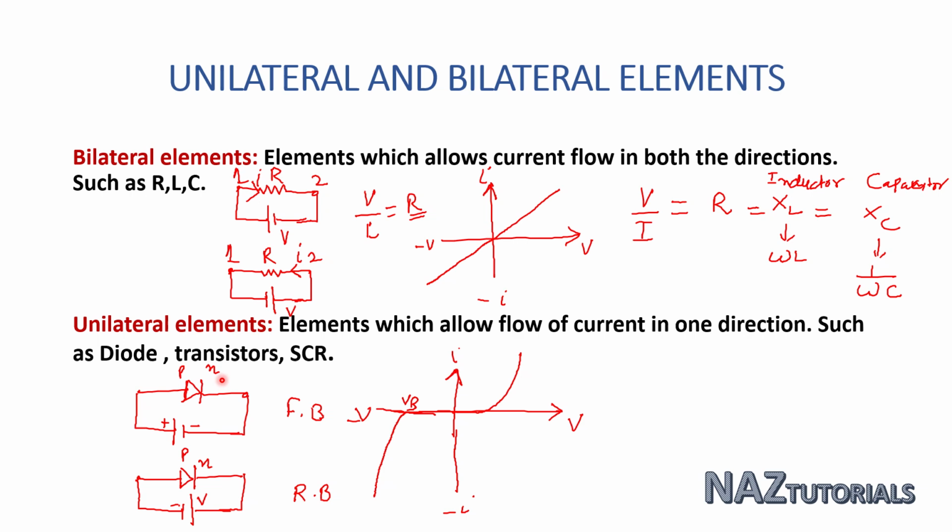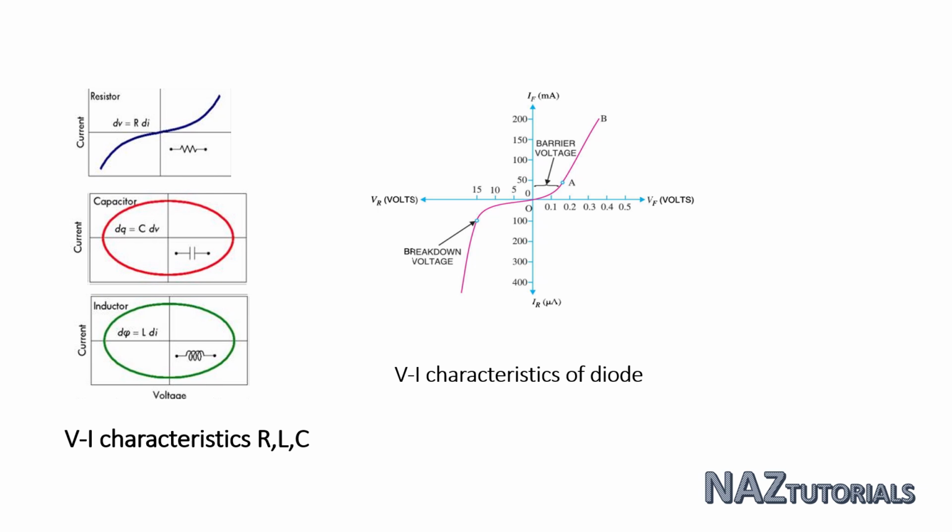In terms of characteristics, for unilateral elements the VI characteristics are not the same for both directions of current, while for bilateral elements the VI characteristics remain the same for both directions of current. So here are the VI characteristics for R, L and C, and this is the VI characteristics of the diode.